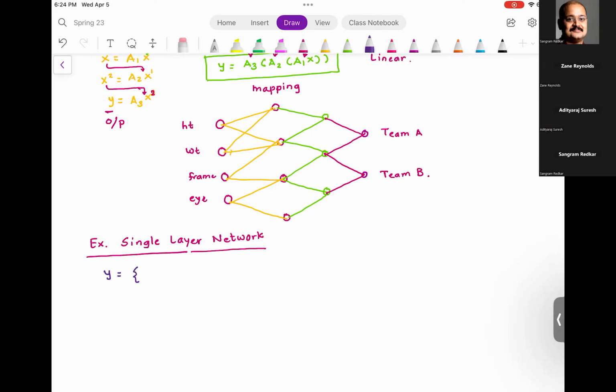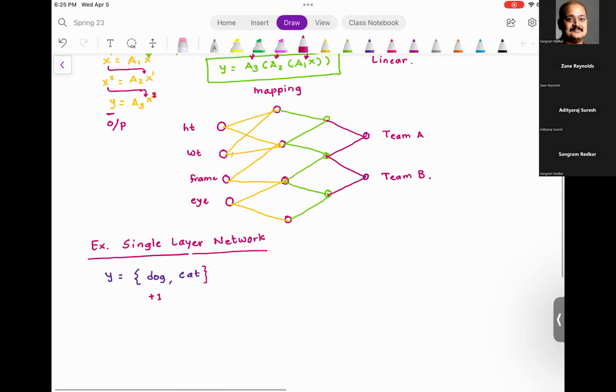You have images of dogs and you have images of cats, and what I want to do is write this in the language of the neural network. I'm going to say dog indicates +1 and cat indicates -1, which means if the output of the neural network is above 0, then clearly what I have is a dog. If the output is below 0, then what I have is a cat.